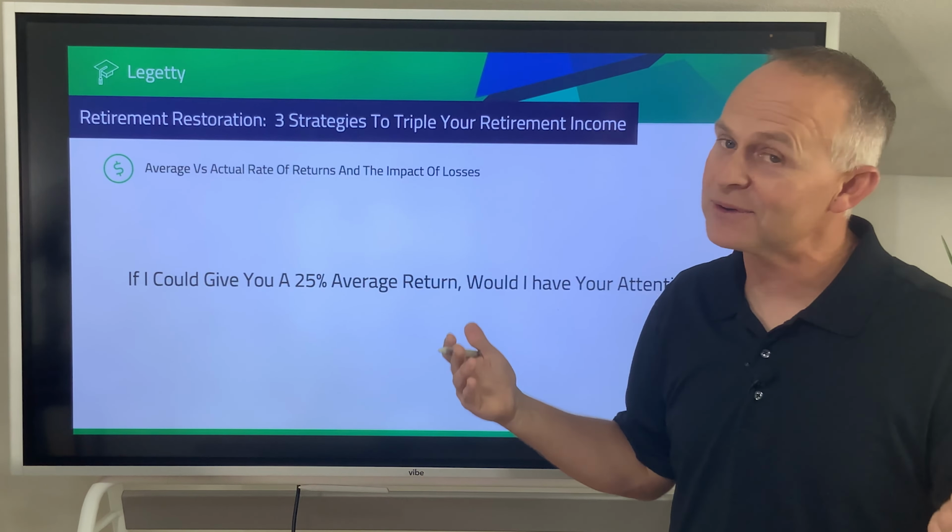Maybe you have a 401k, an IRA, money in the market. Maybe you have an amazing financial planner or a stockbroker who is crushing it and getting you way better returns than even Warren Buffett is getting.